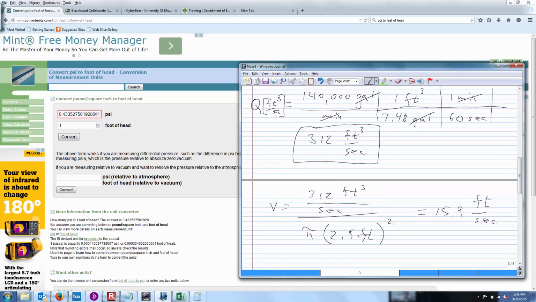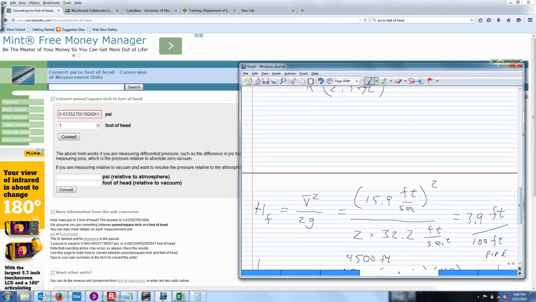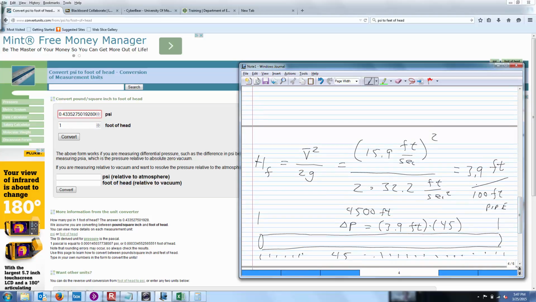So we got back down here and calculated our velocity, 312 cubic feet per second divided by the area. I got 15.9 feet per second as our velocity. We could then plug that in to get our change in pressure per 100 feet. And we came back with 3.9 feet of loss, feet of head pressure per 100 feet.